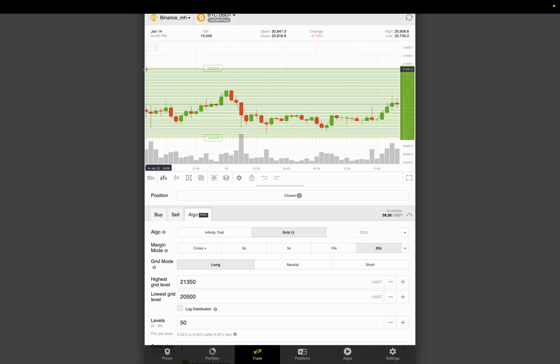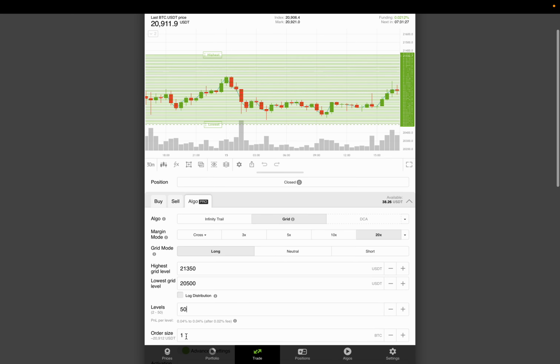Basically, you bought them here and you sold them here. So that's quite a nice move, right? This is the difference between two levels, so that difference is actually 25 times this amount. So it's not that bad. You'll make a good profit.